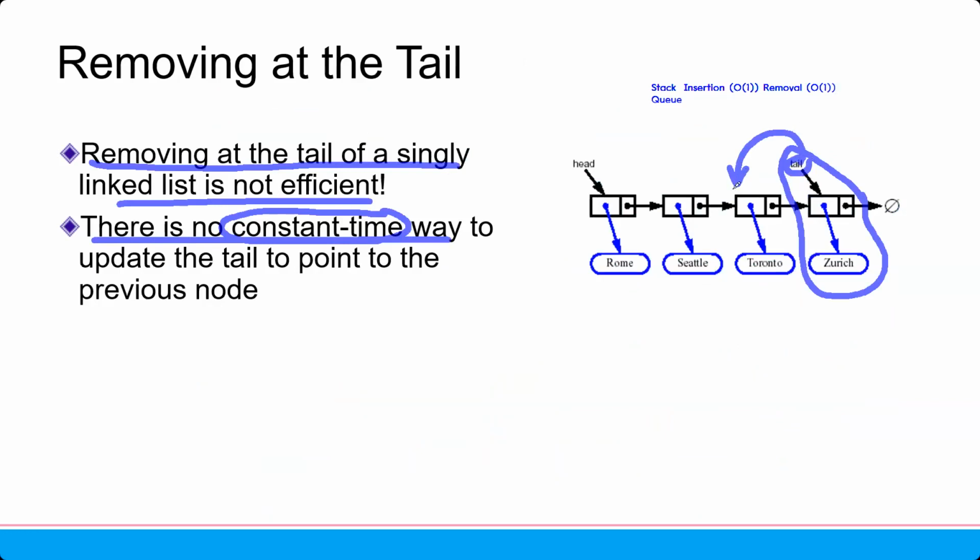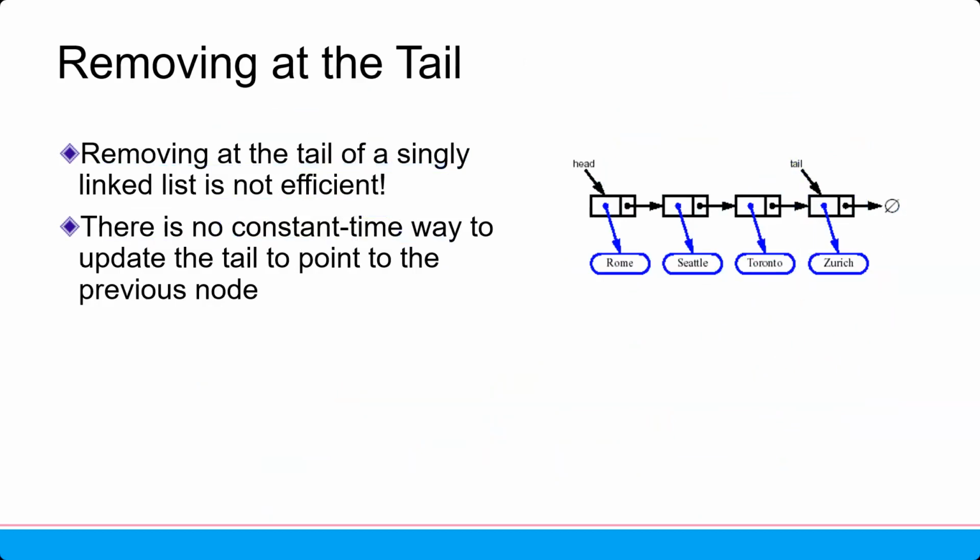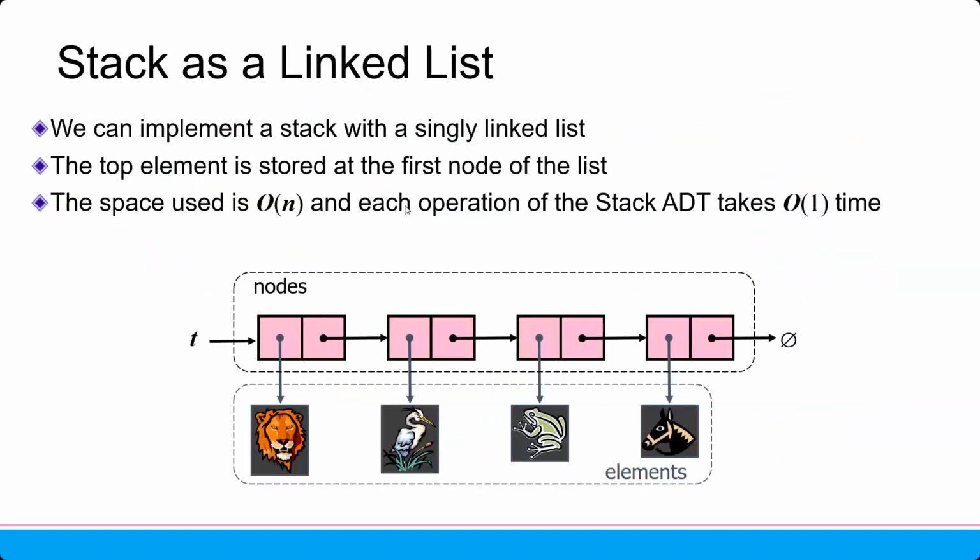The last element, we need to find from the first. So it will be O(n). So it is not always constant. That's why we can apply an additional data structure like stack or queue in order to help the linked list with more efficient operation.